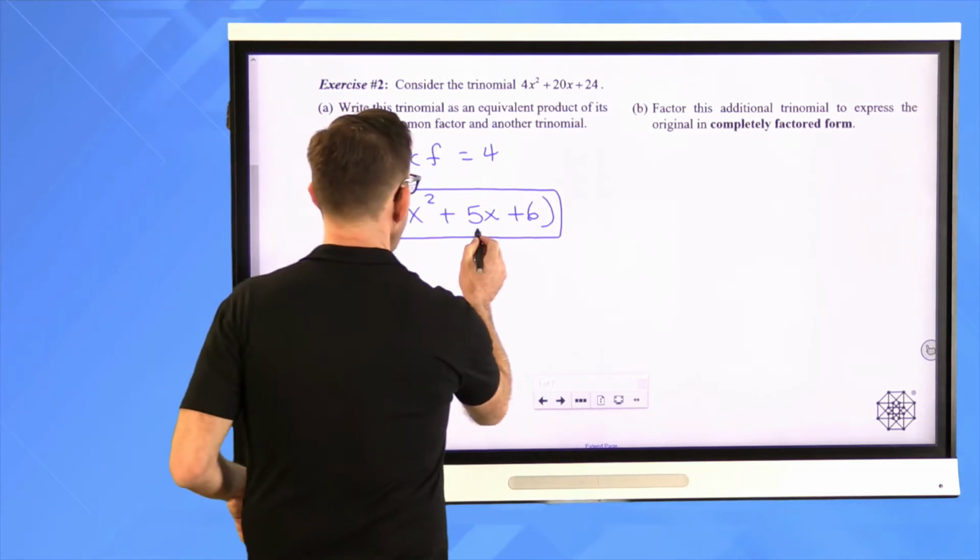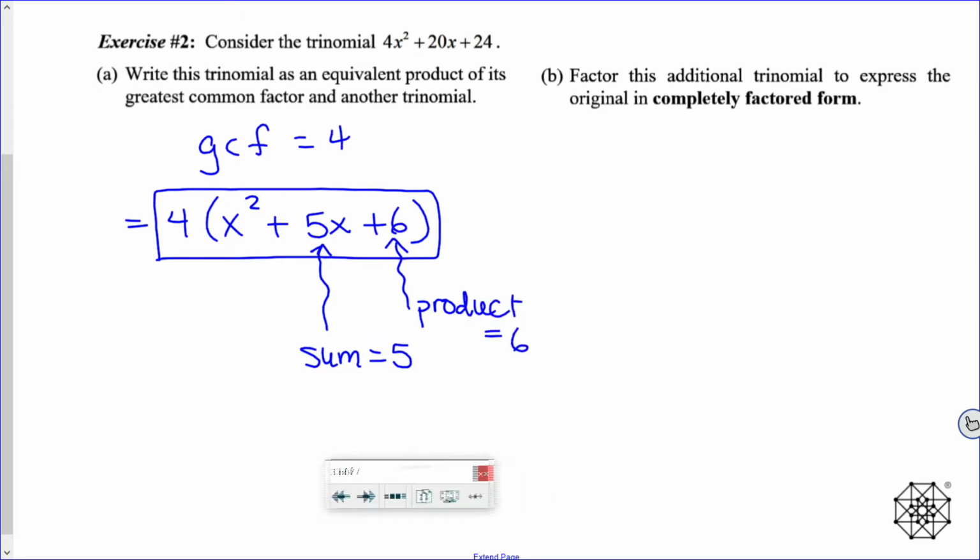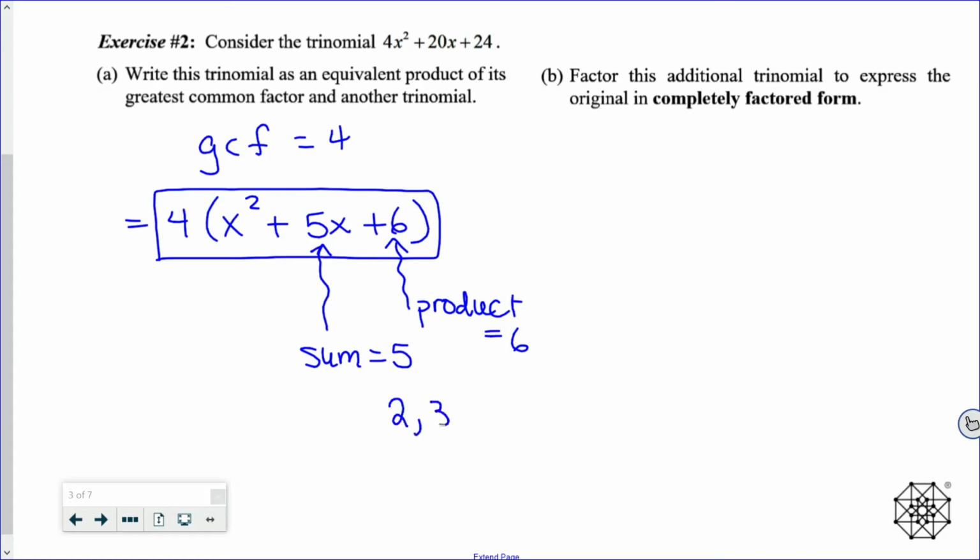We would be looking for two numbers that have a sum equal to 5 and a product equal to 6. Those two numbers are 2 and 3. So that whole thing factors into x plus 2 times x plus 3.